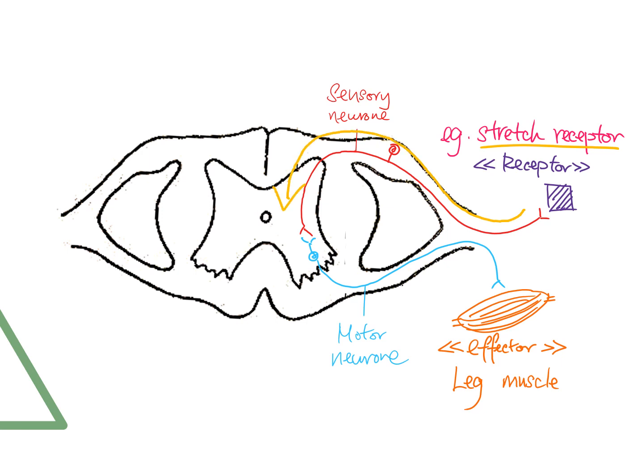But interestingly, for knee-jerk reflex, there are no interneurons involved. After the nerve impulse is sent to the sensory neurons, it will go directly into the motor neurons and then go to the leg muscles for contraction.